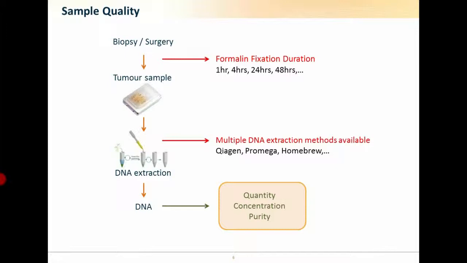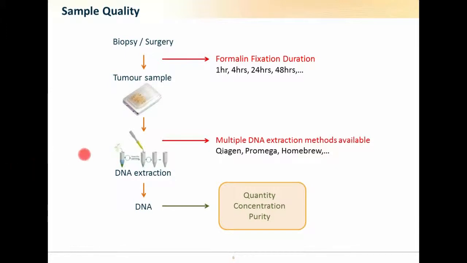And this would then lead to your sample being more difficult to extract the DNA or RNA from if that was what you're looking for, and that would then really govern and also influence the quantity of DNA you can extract from your sample, the concentration and the purity.